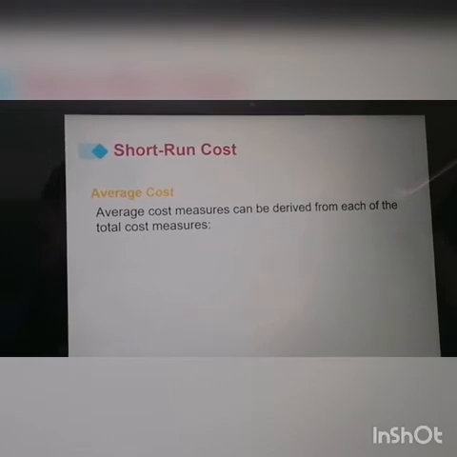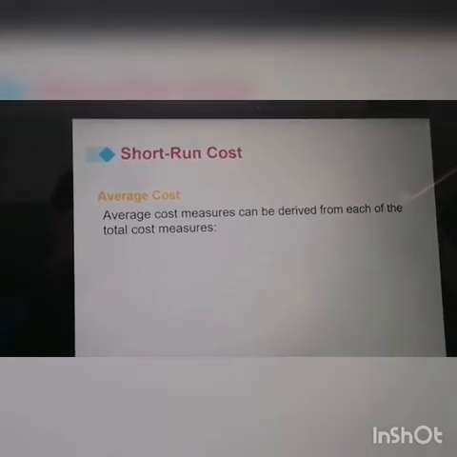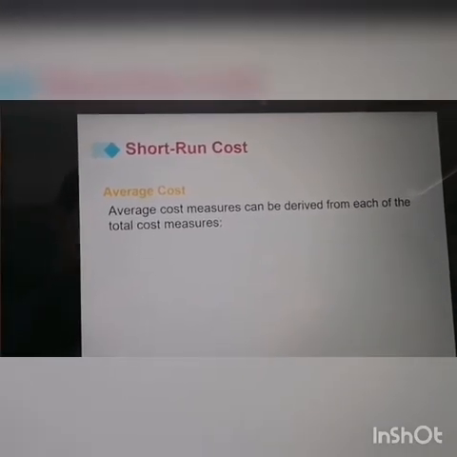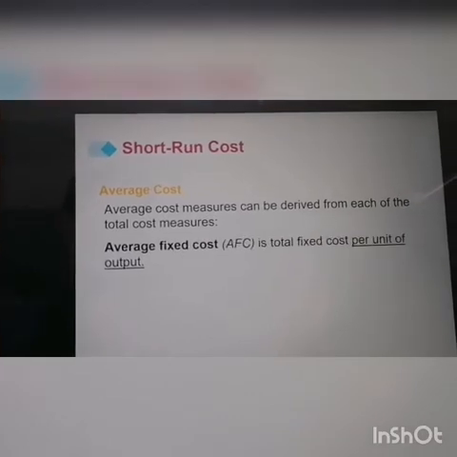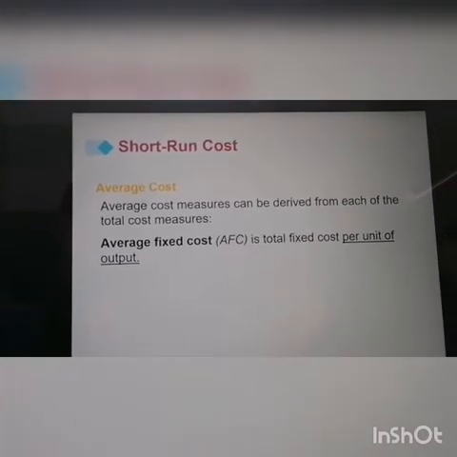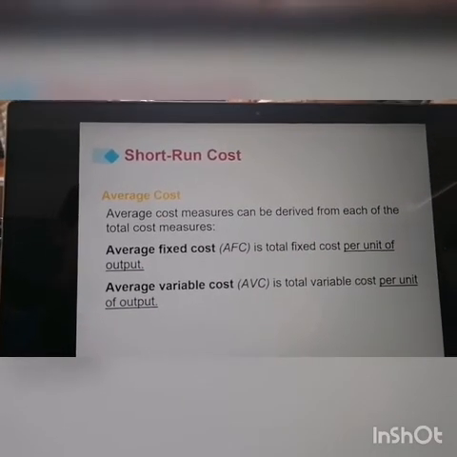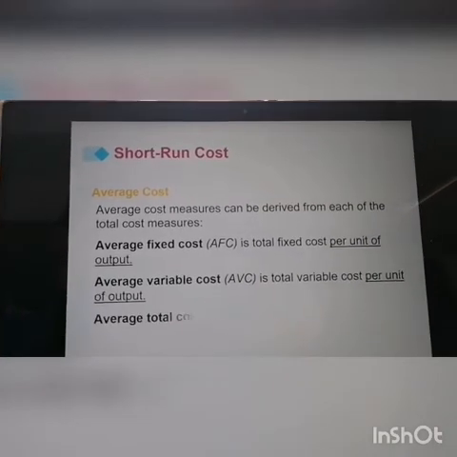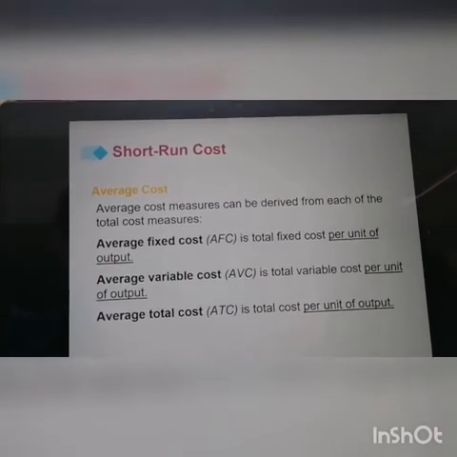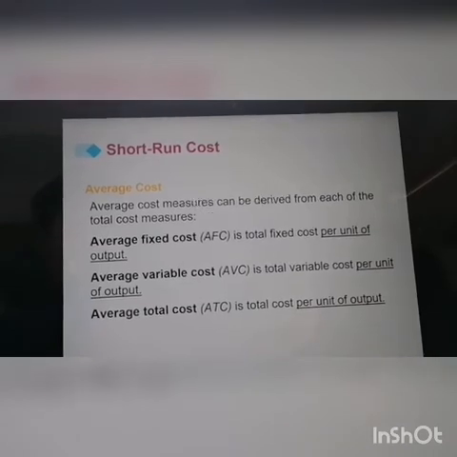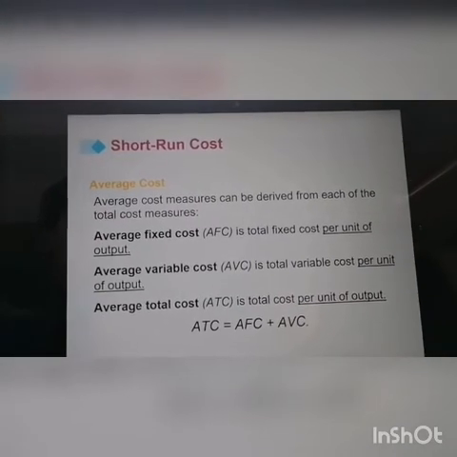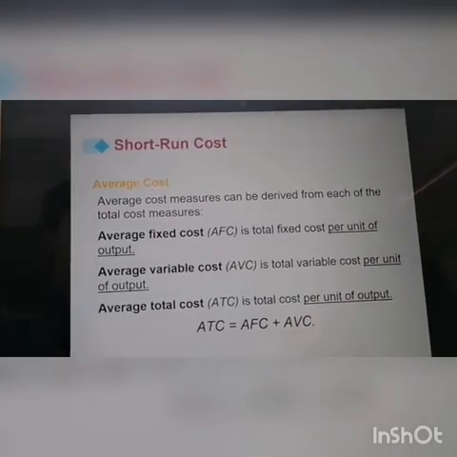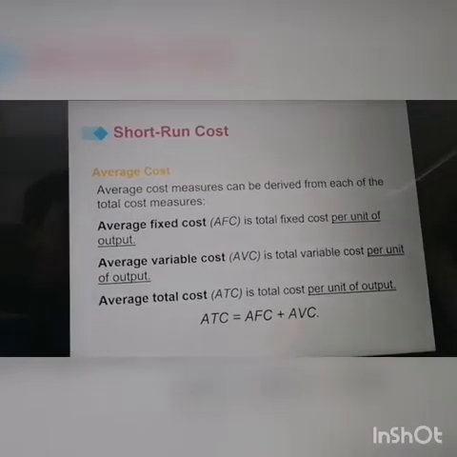How about the average cost? The average cost can be derived from each of the total cost measures. So we have average fixed cost and average variable cost. Either summation is the average total cost. So we can say that ATC equals average fixed cost plus average variable cost.